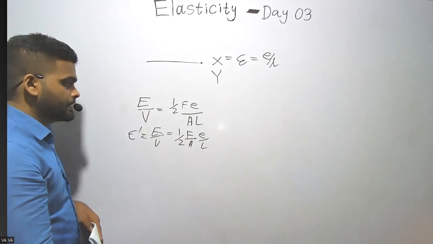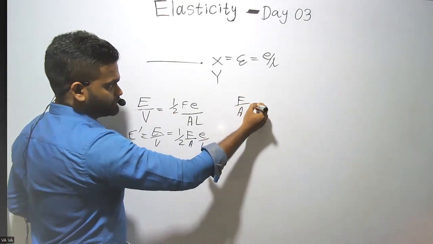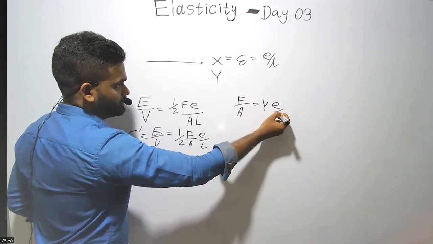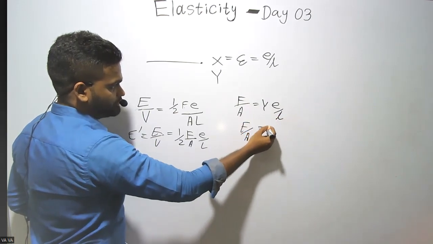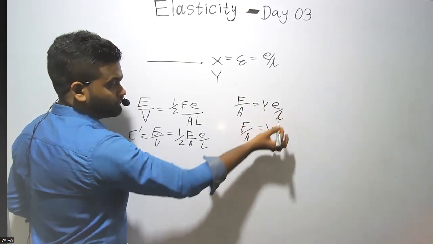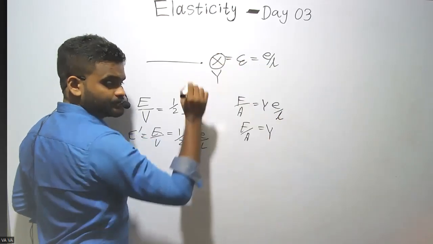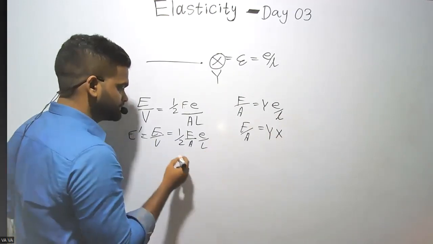Okay. I think we need to use this equation as well. F over A equals Y e over L. So F over A is equal to Y, and instead of e over L, I can use X. X is strain. So F over A is equal to YX.